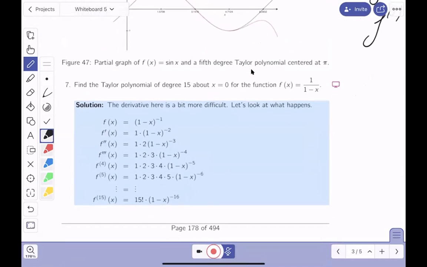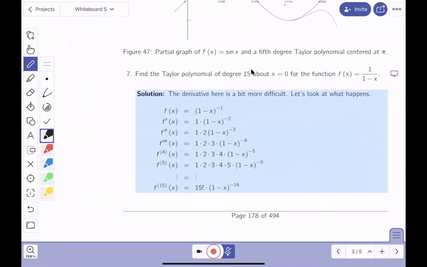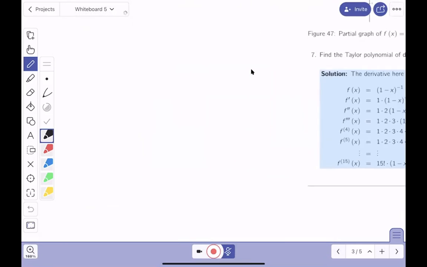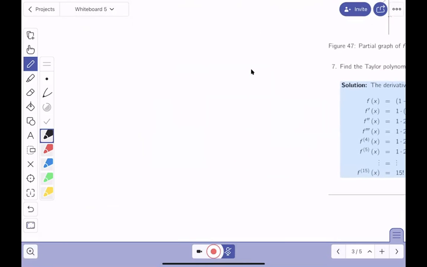All right. Let's do number 7. And number 7 is a Taylor polynomial, but it's a degree 15. And I've got to be honest with you, degree 15 might be tough to do. But I'm going to say, f of x equals 1 over 1 minus x. This is clearly that geometric problem.